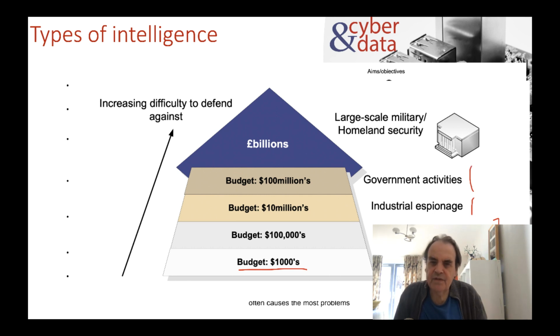And then general government activities will have considerable budgets if they need. And then obviously the largest budget would relate to homeland security, military type budgets. So you can see it becomes more and more difficult to defend against these adversaries as they move up and the budgets become larger.